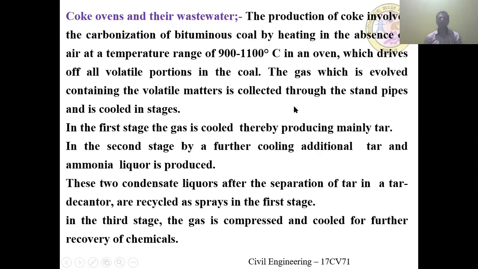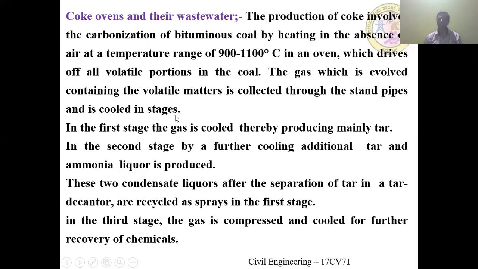Second, coke oven and its characteristics. The production of coke involves carbonization of bituminous coal by heating in the absence of air at a range of 900 to 1100 degrees centigrade in an oven, which drives off all volatile portions in the coal, and the gas which is evolved, contained in the volatile matter, is collected in the standpipes and is cooled in stages.